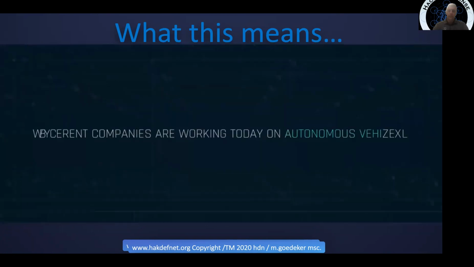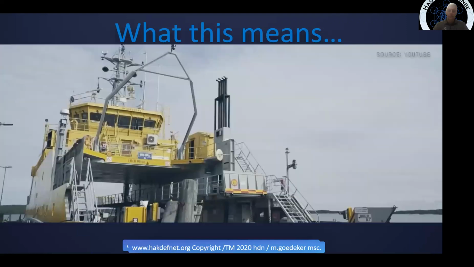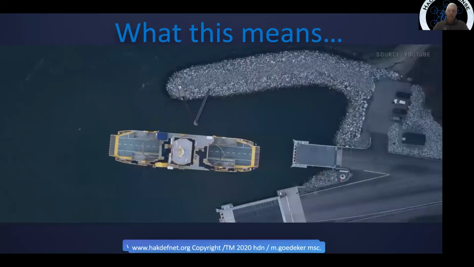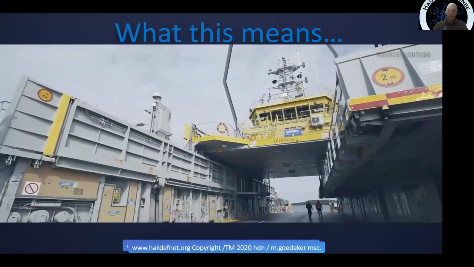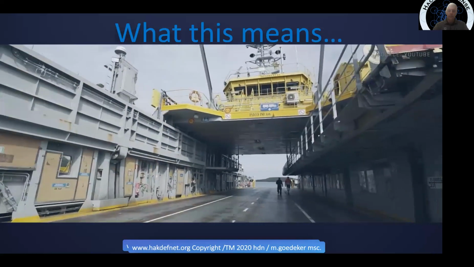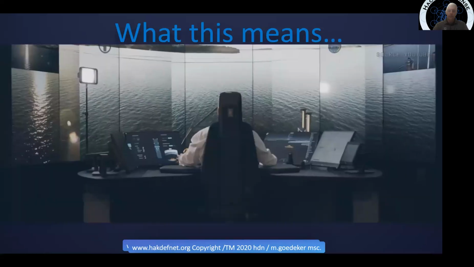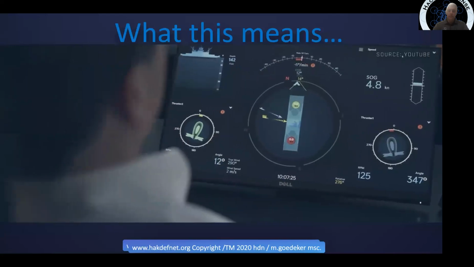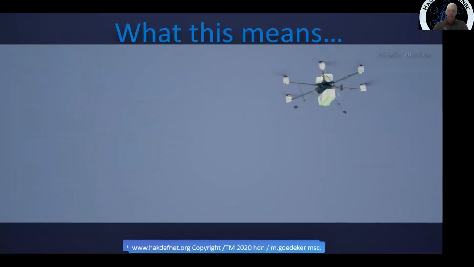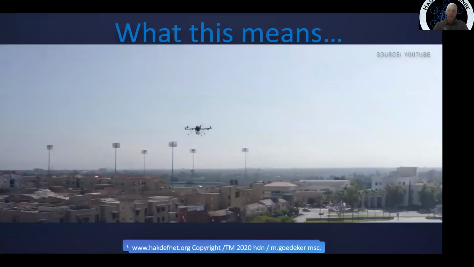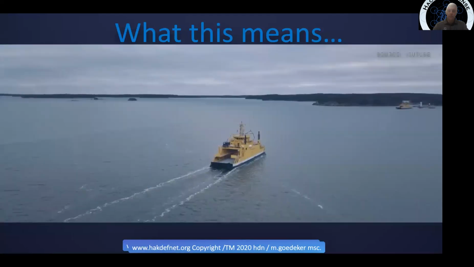Different companies are working today on autonomous vehicles and ships. Ships, for instance, that can steer and traverse the seas from one point to a final destination with little or even no human interaction. If we think about these autonomous vehicles or ships or planes.